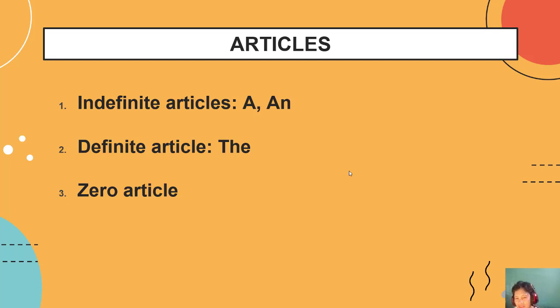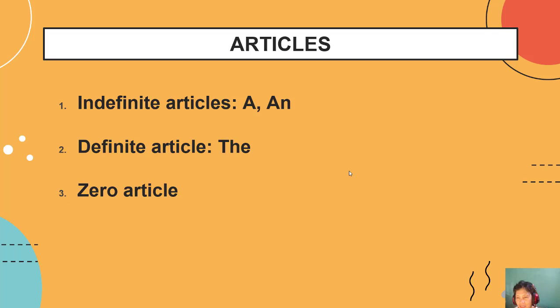And then number 3 is zero article. It means that we don't need an article at all. Zero article is usually used when we talk about the uncountable, or something that is more general than a or an.